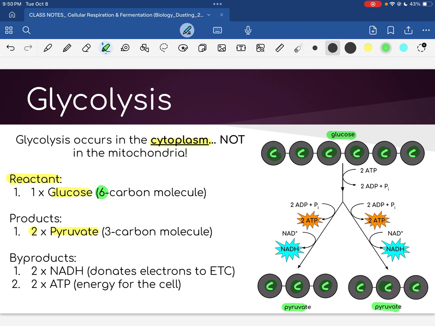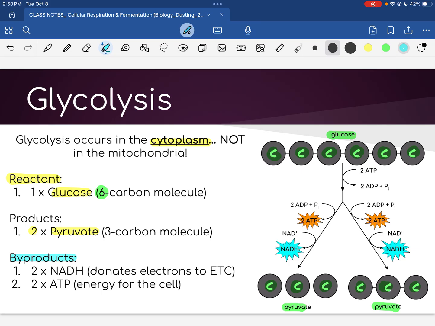Now, we get some byproducts out of this, and these are very useful. One glucose goes in and it's split into 2 pyruvate. We get 2 NADH per glucose, and we get 4 ATPs.